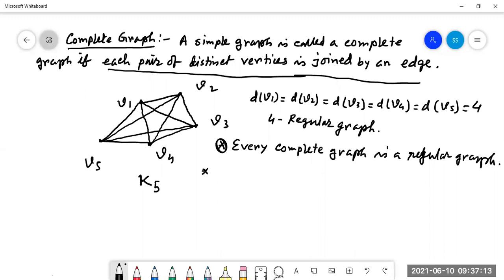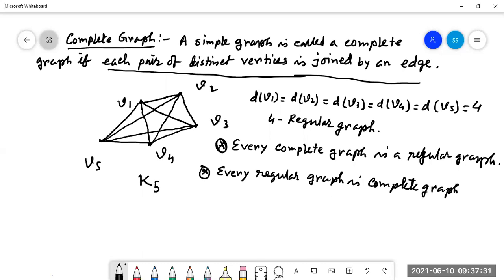Is it vice versa? Is every regular graph a complete graph? No, sir.